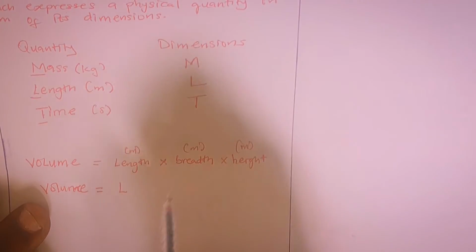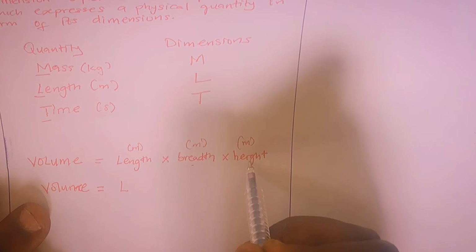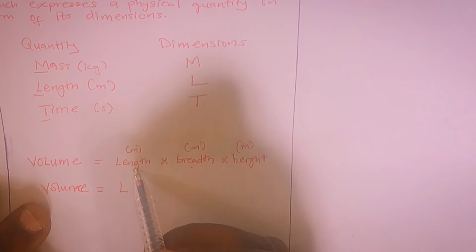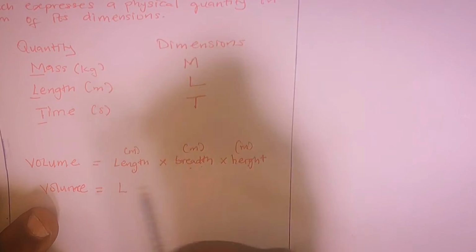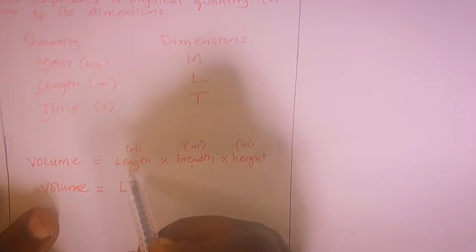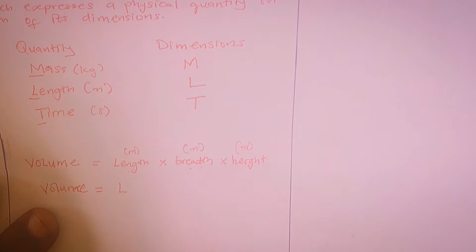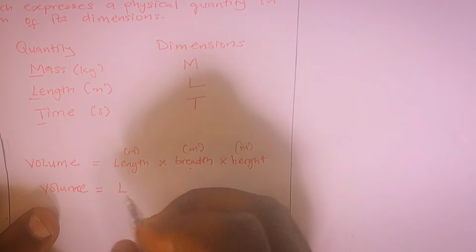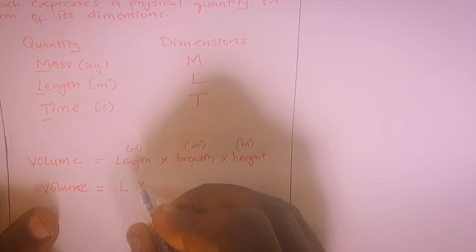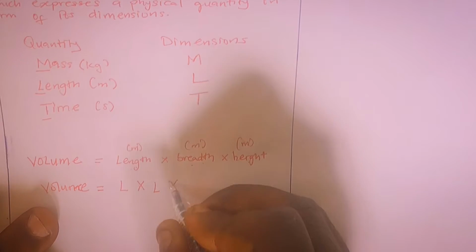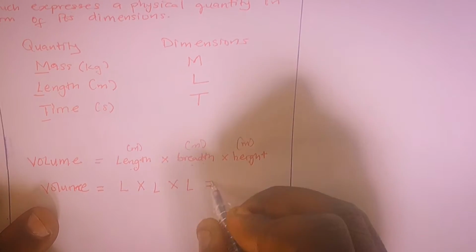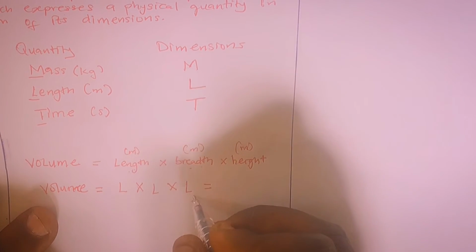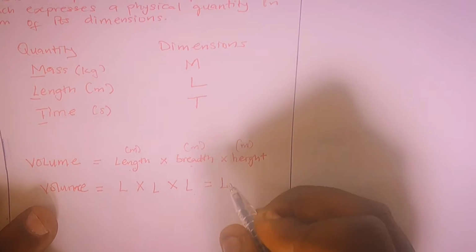So you can simply call breadth and height length, because they are all in meter. Then this will be L times L times L. Expressed in indices form, L times L times L will be L raised to power 3.